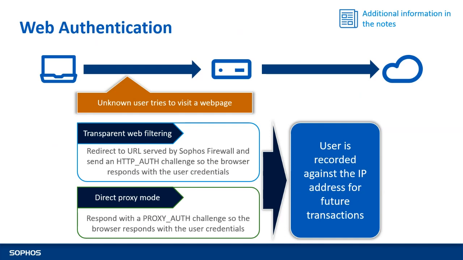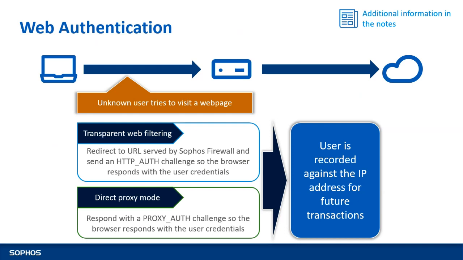Let's start by looking at what happens when an unknown user tries to visit a web page. There are two scenarios. The first one, for transparent web filtering, Sophos Firewall will redirect to a URL served by the firewall and send an HTTP 401 challenge so that the browser responds with the credentials.